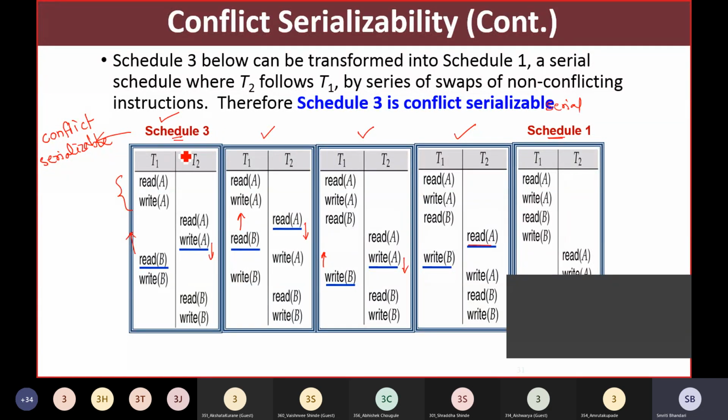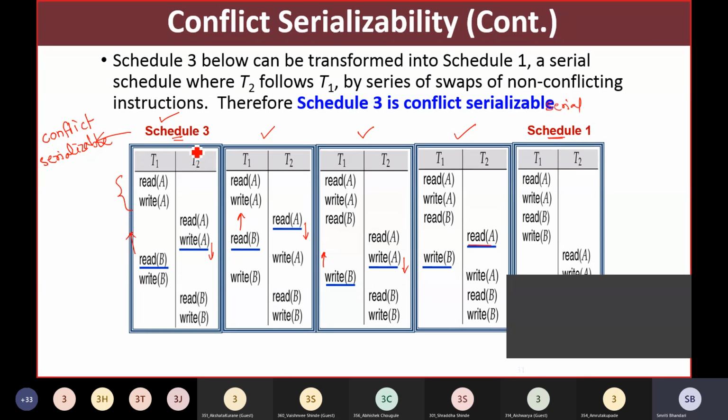We have gone through the definition of serializability. If I have a non-serial schedule or a concurrent schedule like this schedule number 3, and if this schedule is producing a result which is similar to that of the serial schedule, then we say that this schedule is following the concept of serializability.